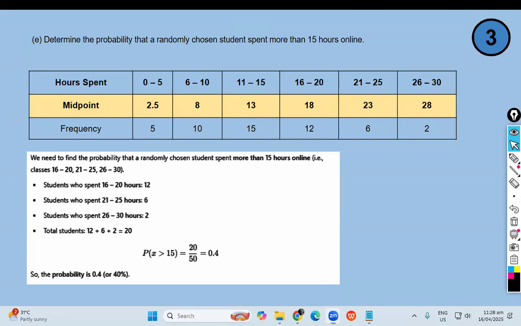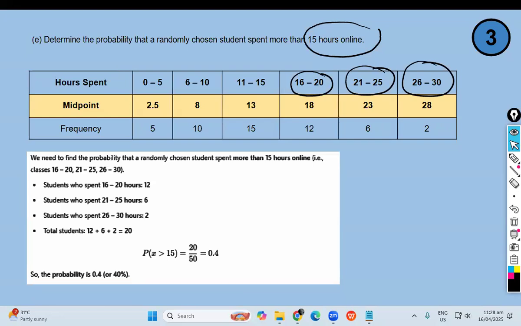The question is: determine the probability someone chosen at random spent more than 15 hours. More than 15 hours does not include 15. So people who spent 16 to 20, 21 to 25, and 26 to 30 fit the criteria of studying more than 15 hours.